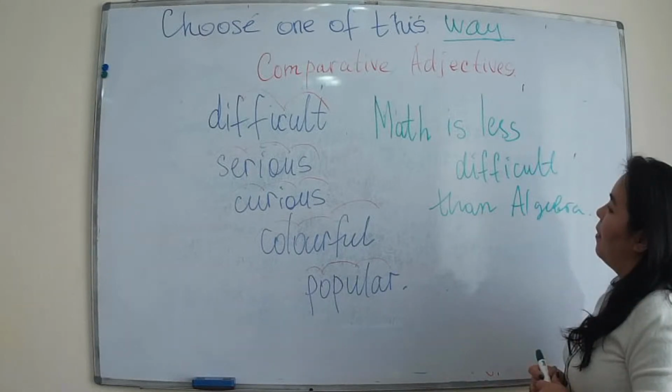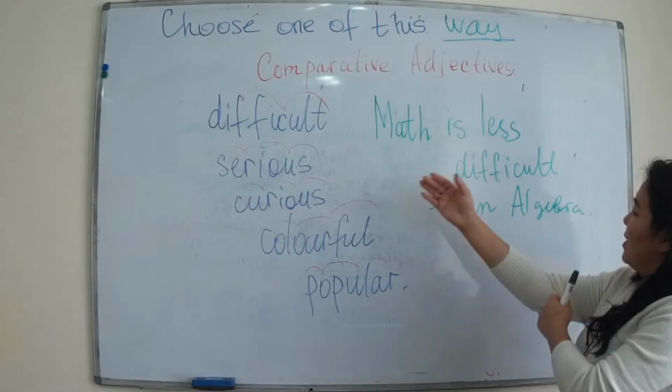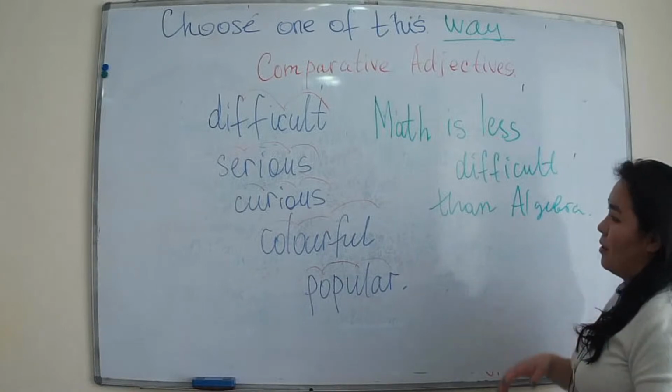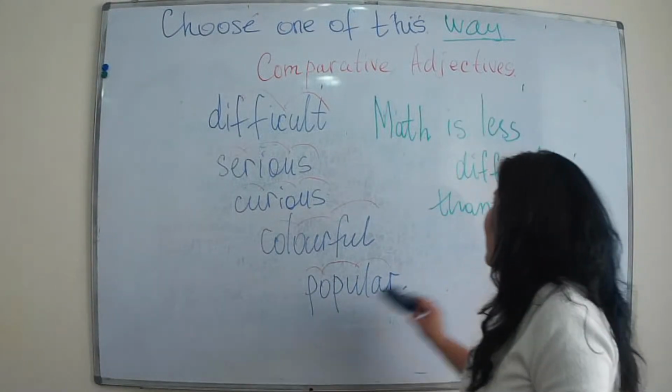Math is less difficult than algebra. То есть математика наименьше сложна, чем алгебра. So here we compare two different subjects.